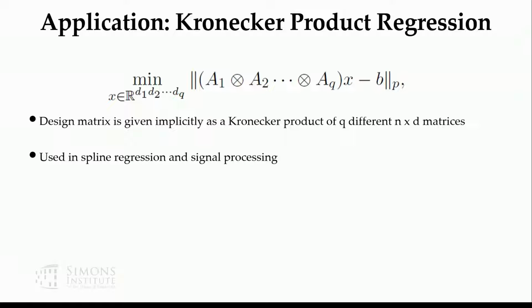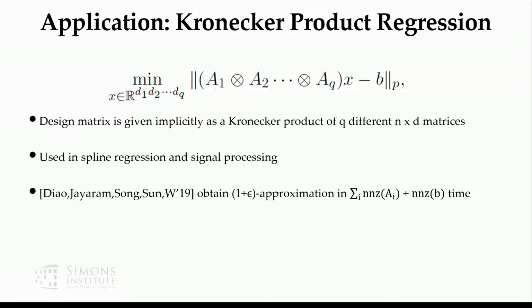Yeah, so as I said, this is used in signal processing. It's also used in spline regression. And there's previous work on this problem. The best previous work obtained a 1 plus epsilon approximation in the number of non-zero entries of the A_i, summed over i, but it had a plus nnz of B term.